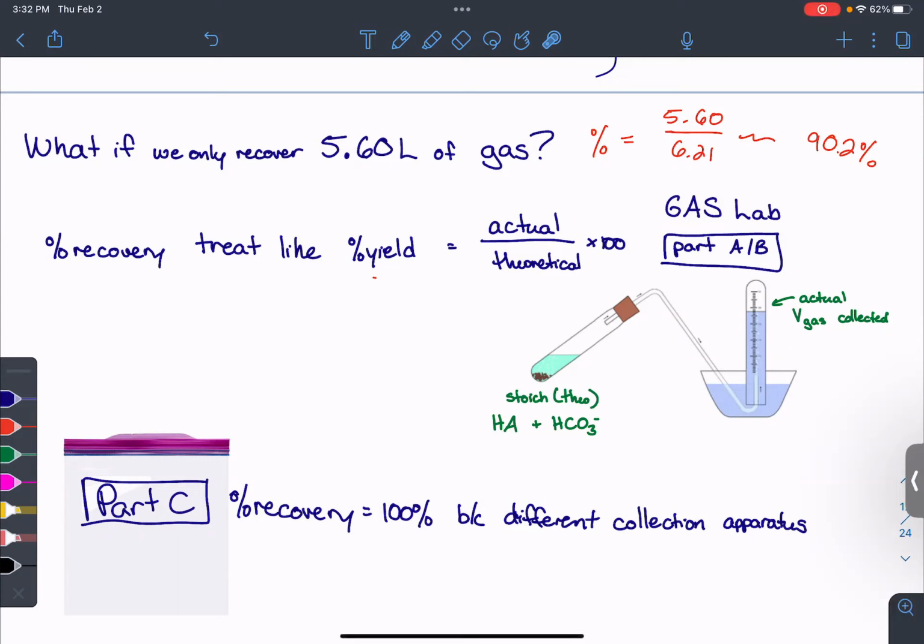So you're going to assume percent recovery of 100%. So that's like the biggest thing in this lab. You're going to use PV = nRT, all right, over and over again. You'll collect your gas sample and measure how much you collected. Yeah, you get a lot of gas.